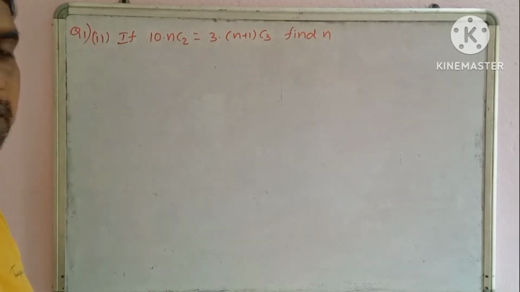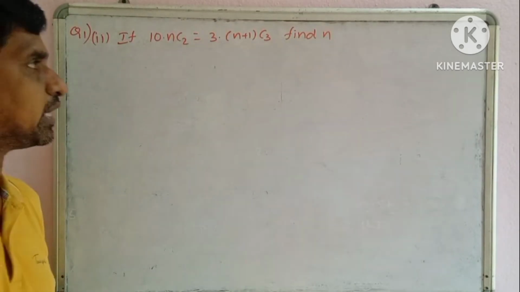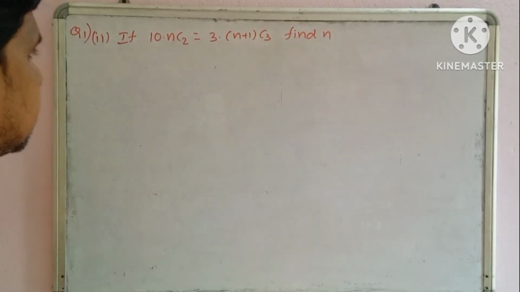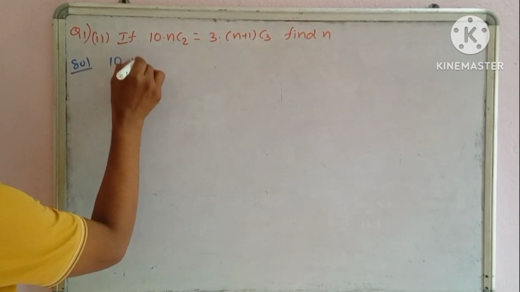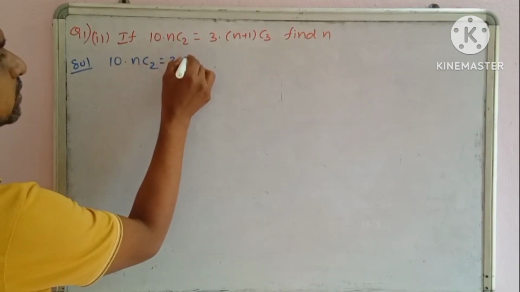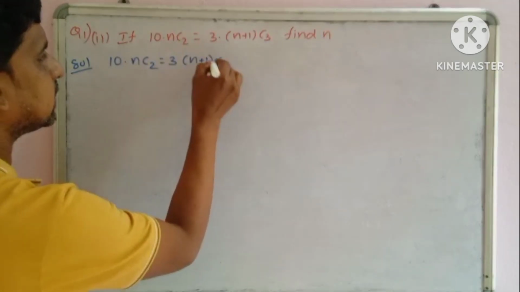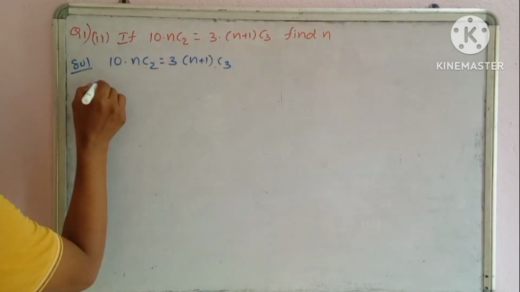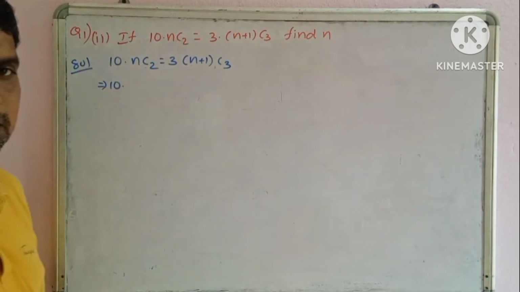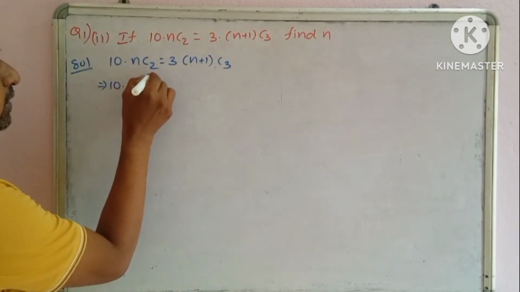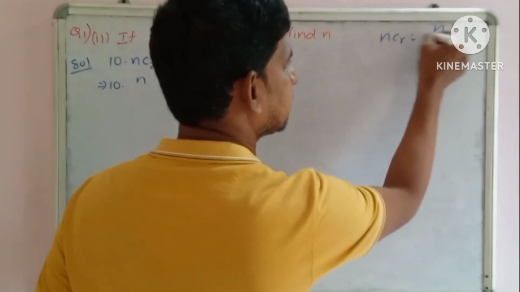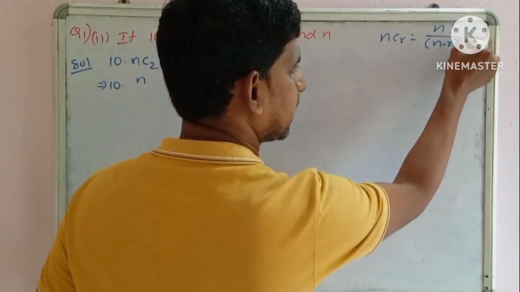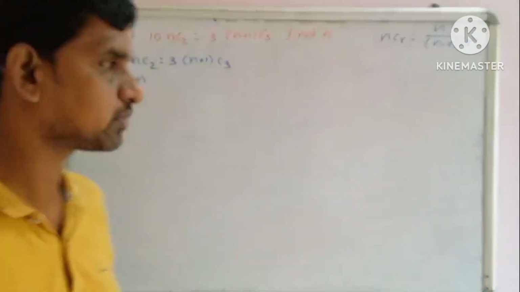Problem number 1, second one. If 10 into nC2 equals 3 into (n plus 1)C3. What is the nCr formula? nCr equals n factorial by (n minus r) factorial into r factorial.